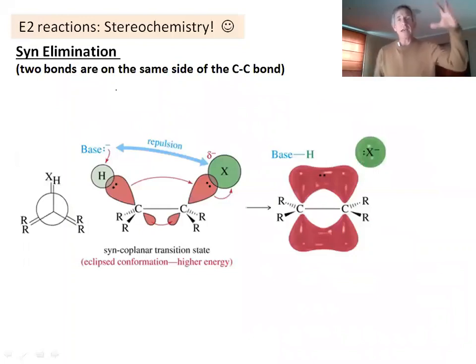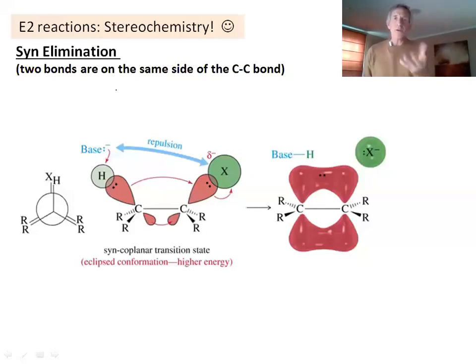What if the hydrogen and the leaving group are on the same side? This would be called syn addition. S-Y-N, please. Even though it's awful and ugly and bad, it's not that kind of sin. Syn addition or syn elimination. Syn elimination is still possible with these molecules.